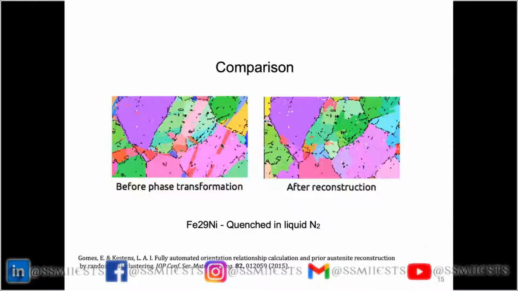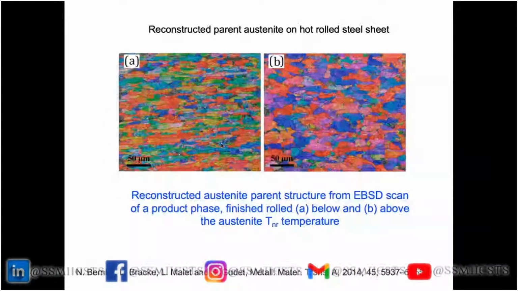This was a paper based on a slightly different method, published by some colleagues of ours. These are back-calculated hot band structures from steel, so this is hot rolled steel. As I said, sometimes steel is hot rolled below or above TNR. Above TNR means that you have a fully recrystallized structure in austenite and then transformed. Below TNR means that you have only a partially recrystallized structure at high temperature and transformed from the partially recrystallized state.